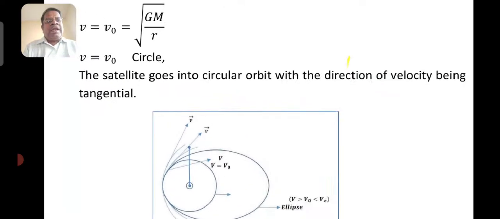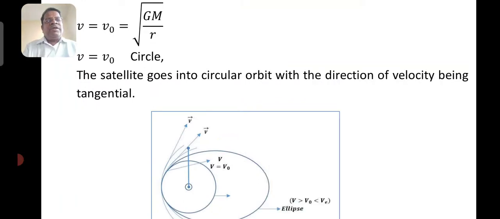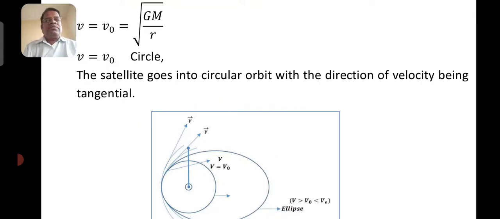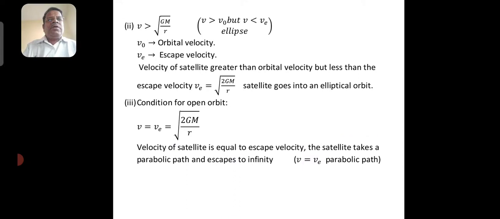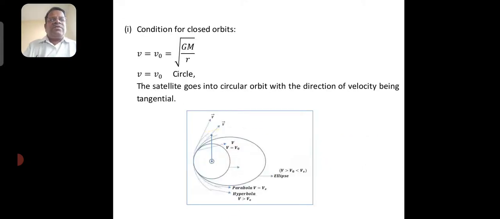Now go to the diagram. Depending upon the velocity, the satellite moves in different paths. Now go through the diagram. We have to discuss the different cases one by one. Observe here the first case, condition for closed orbits.